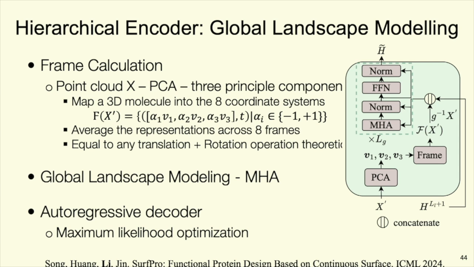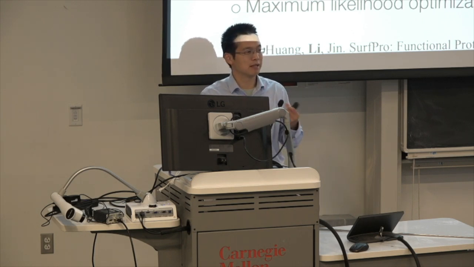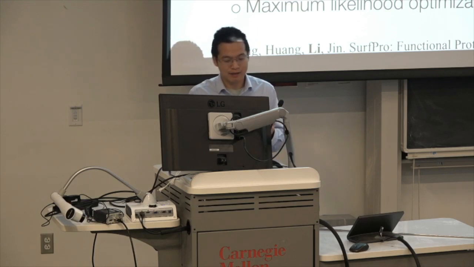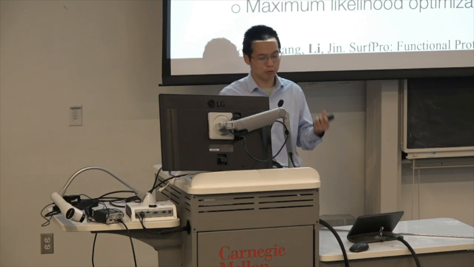Eventually, we use multi-head attention, the same multi-head attention as in the BERT model and the GPT model, to represent the global representation and aggregate them, and then generate the sequence in the autoregressive decoder.